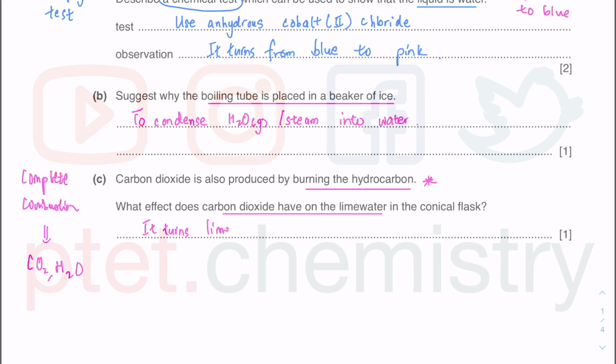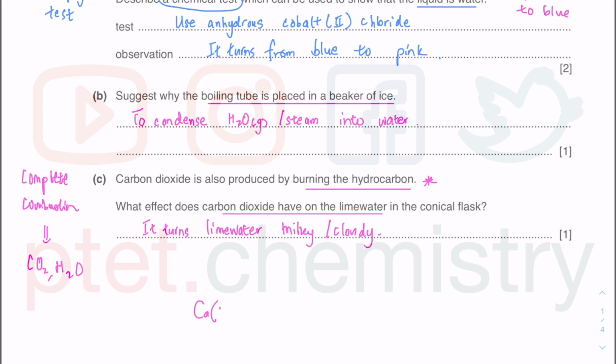So this is a classic test for carbon dioxide gas, milky or cloudy, and you've got to be able to do this as stated in the paper 3 practical study, because you have also done this test a few months ago, when I asked you to breathe out and bubble CO2 through this saturated calcium hydroxide, which is lime water.